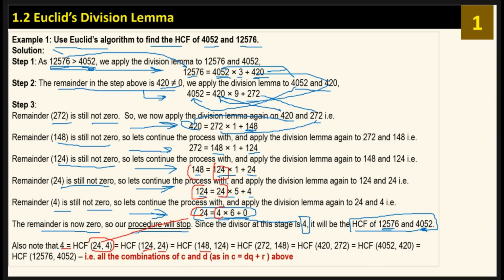In all the combinations of C and D above, like 272 and 148, 4 will be their HCF as well. So we have solved this example and found the HCF of 12,576 and 4,052 to be 4.